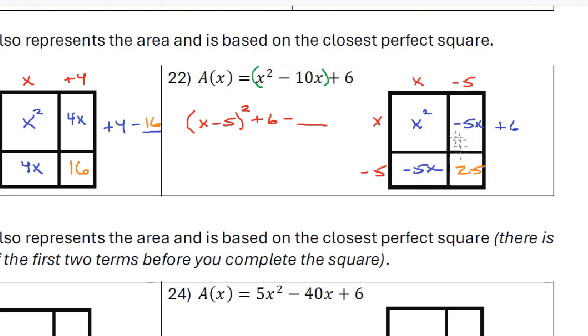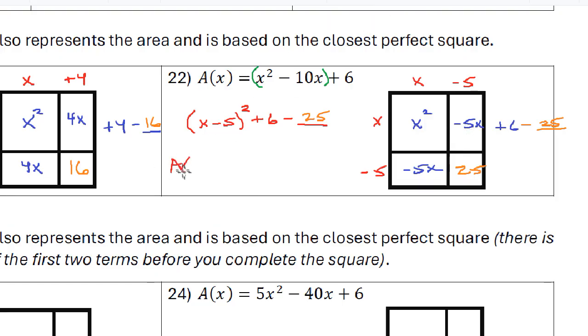That means we're adding 25 to make a perfect square. That means we have to subtract 25 to balance our equation. Otherwise, our equation is changing. So we added 25 to make our perfect square, x minus 5 times x minus 5. We subtract 25 on the outside, and here comes our final equation.